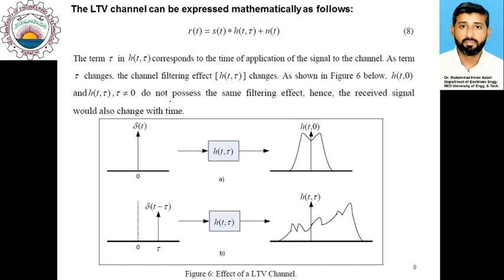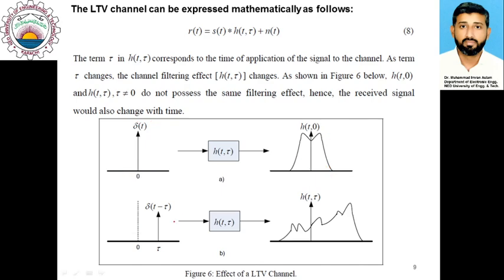For example, if you apply the impulse function at t equal to 0, you would get a certain response. But if the same input is delayed by a certain amount of time, delta tau, you would get a certain output, of course, but this output would not be the delayed version of the previous one. You can see that the output is different than what you observed before.